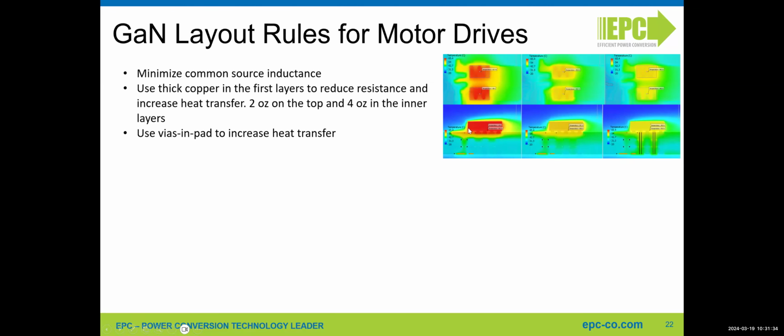And you see that the heat is basically staying all on the devices. Then in the center, we have an example of a layout where the vias are just nearby the devices, but not really under the devices in the pad. And on the right, there is the same example where the vias are exactly under the pads of the device.